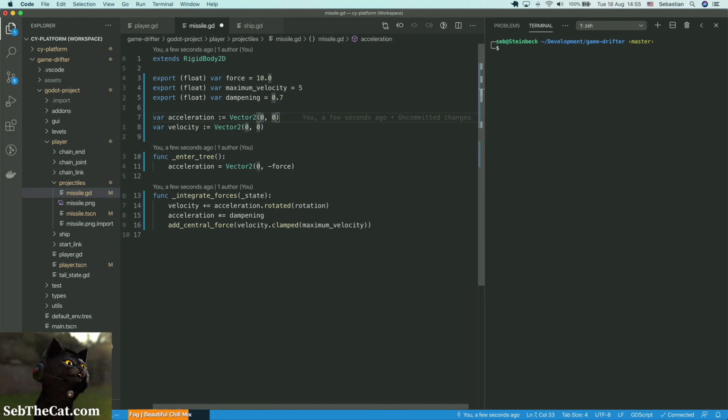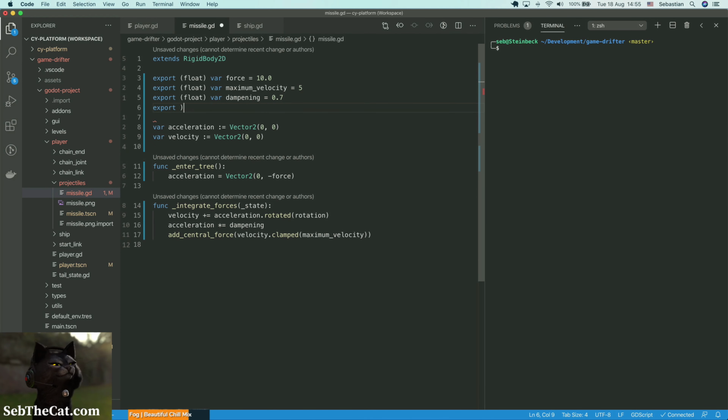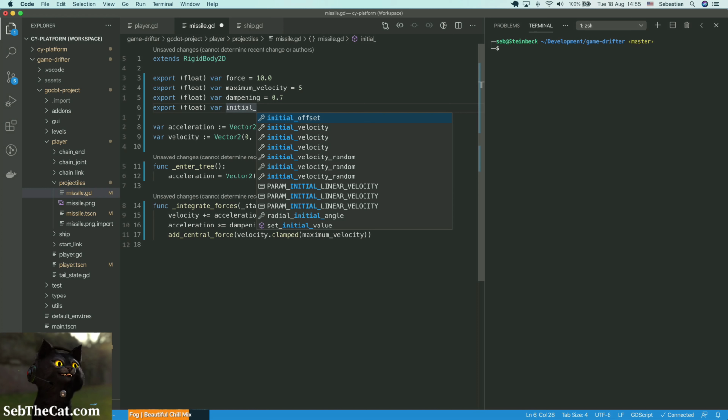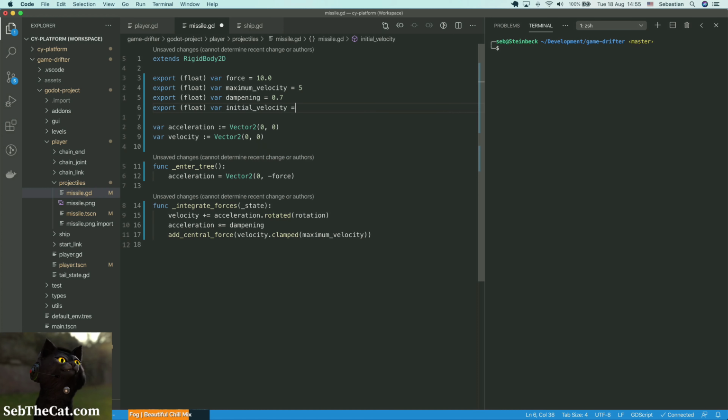Dampening I think is fine, and we just need to export a float, like an initial velocity, right? And that will just be 0. Oh, okay. So we'll say initial velocity is like 3.